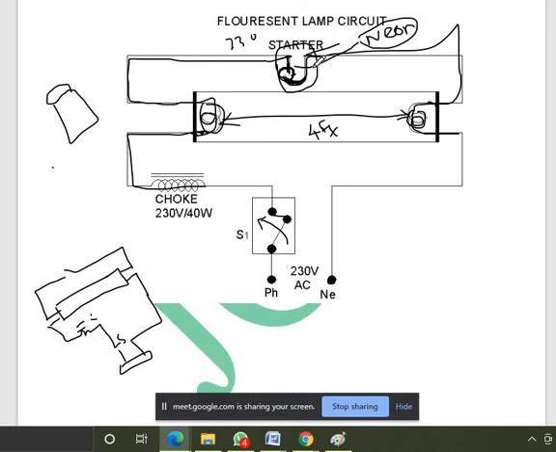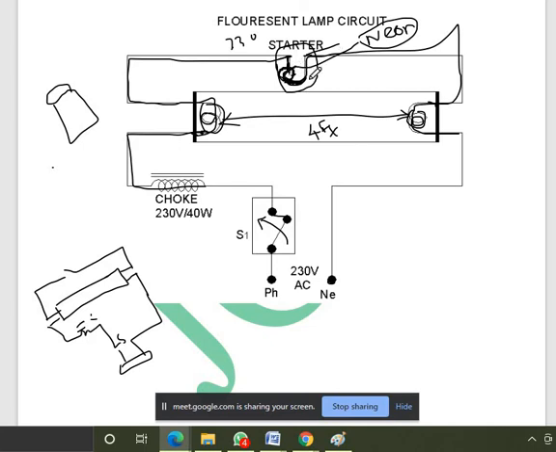It creates heat in the bimetallic strip. Because the bimetallic strip is very thin, it heats very quickly and bends. Whenever a metal is heated, it expands, so it expands and touches this fixed contact.